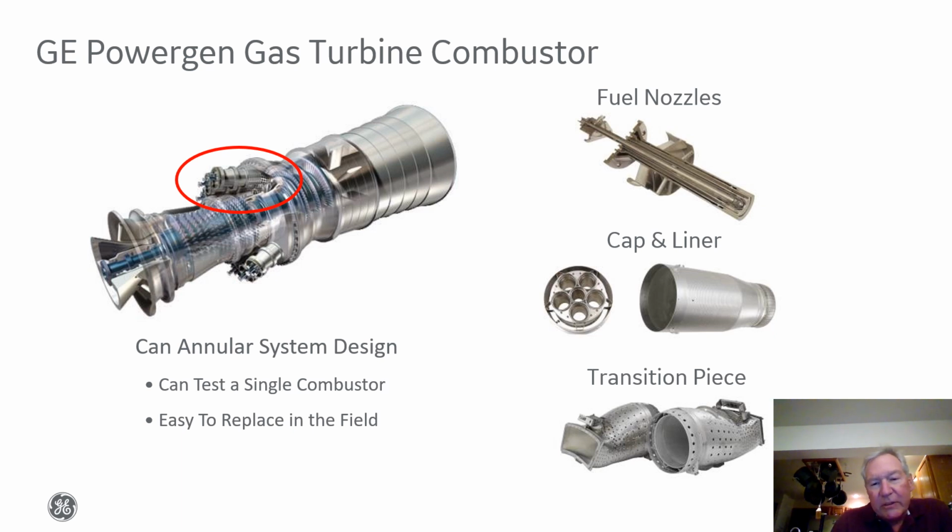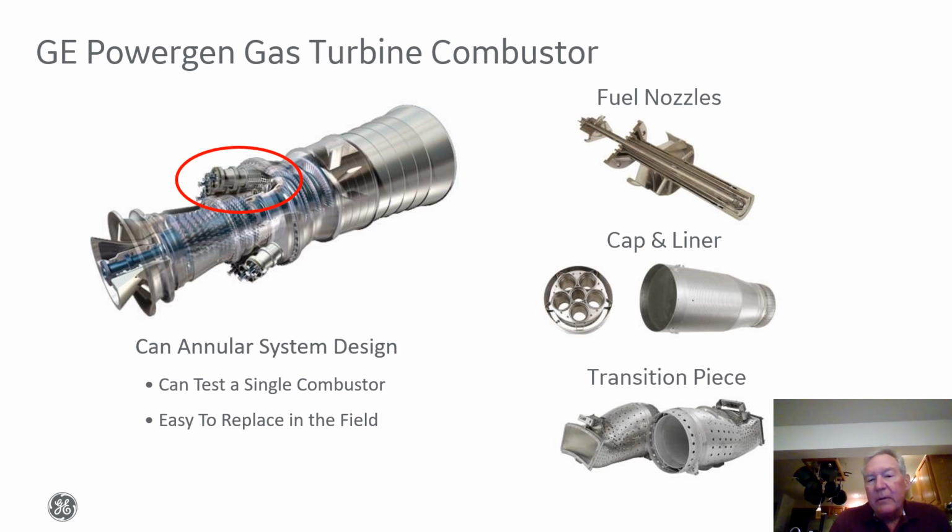The combustion system itself is composed of a number of different components. Up toward the front end of the combustion chamber would be fuel nozzles, and these are devices used for efficient fuel-air mixing and also to add swirl to the airflow. The fuel nozzles would be placed inside what we call a cap, which is the front or head end of the combustion chamber.